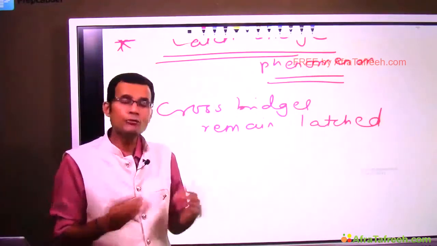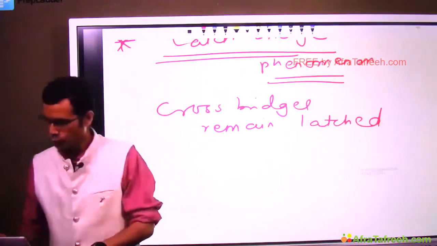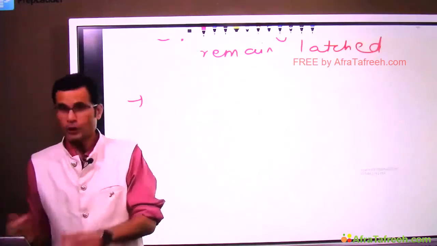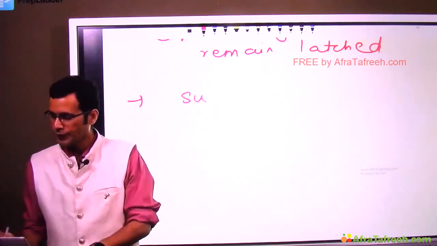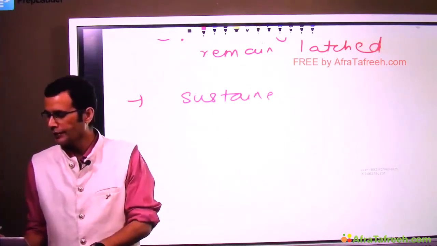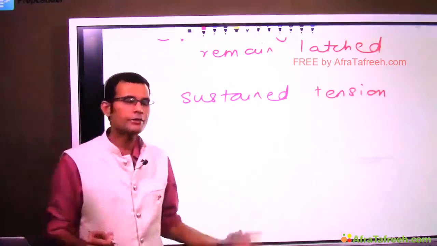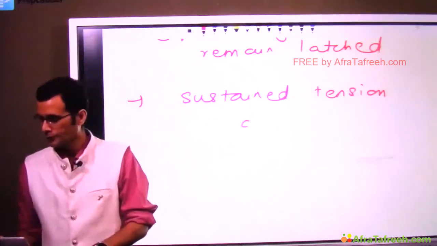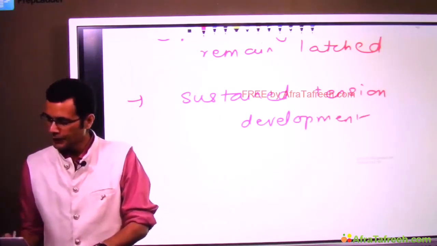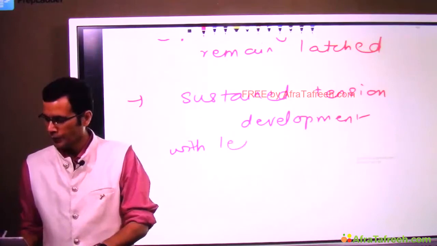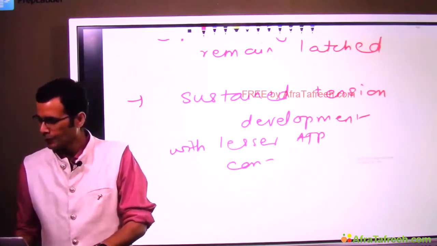That means no further ATP consumption. So, because of this, smooth muscle produces a sustained tension with lesser ATP consumption. Fewer ATPs will be consumed.